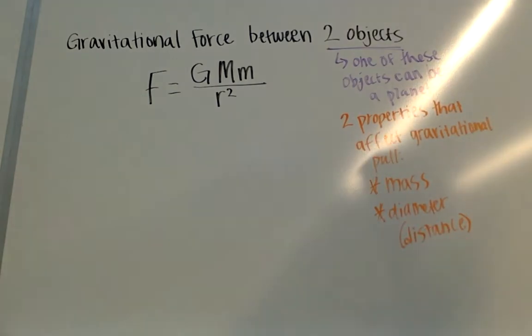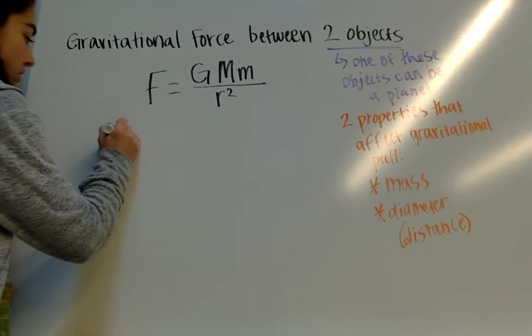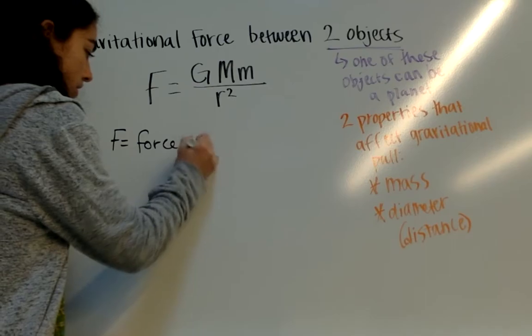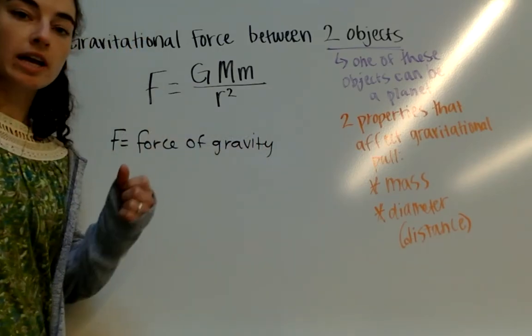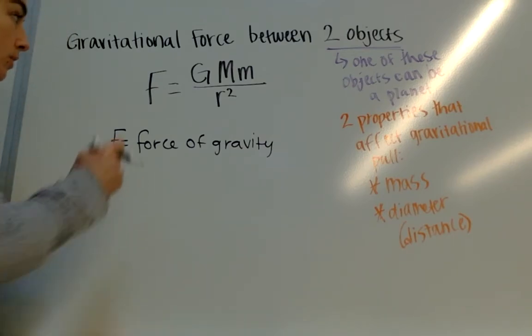All right, so we're going to take some notes on this equation. F is force of gravity. So this is the actual calculation of the pull between two objects, the actual pull between the two.